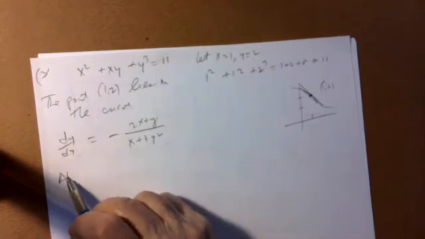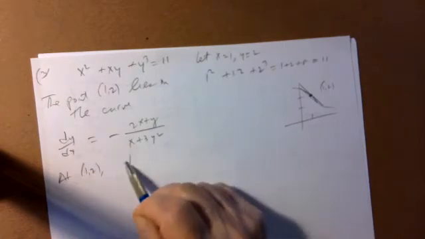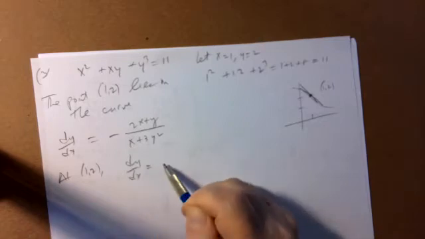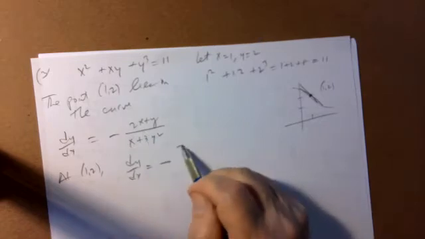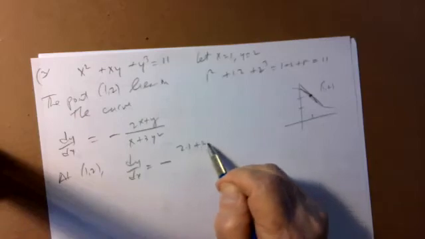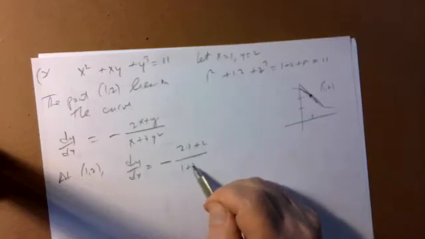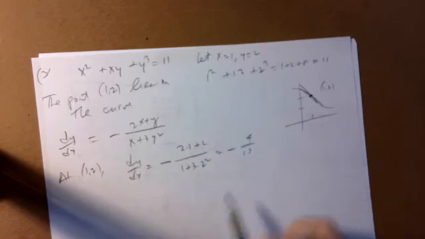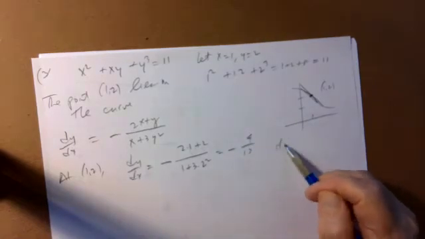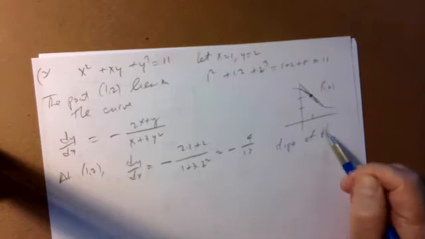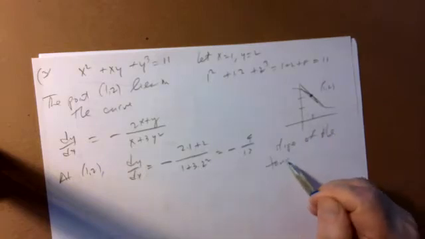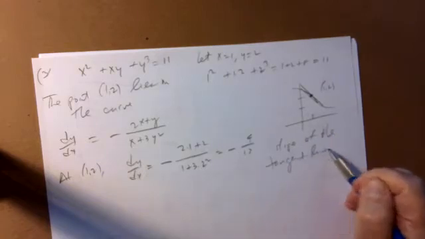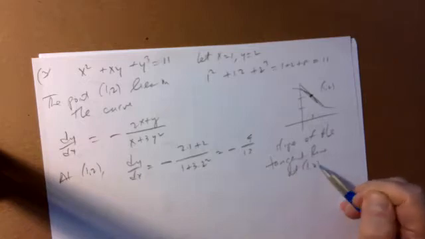So if this is correct, if I didn't make any mistake when I calculated this, at the point (1, 2), dy/dx is equal to minus (2 times 1 plus 2) over (1 plus 3 times 2 squared), that's minus 4 over 13. So this is the slope of the tangent line at the point (1, 2).